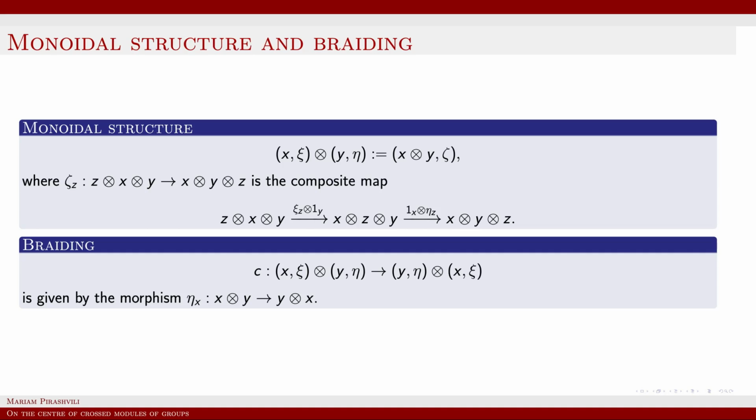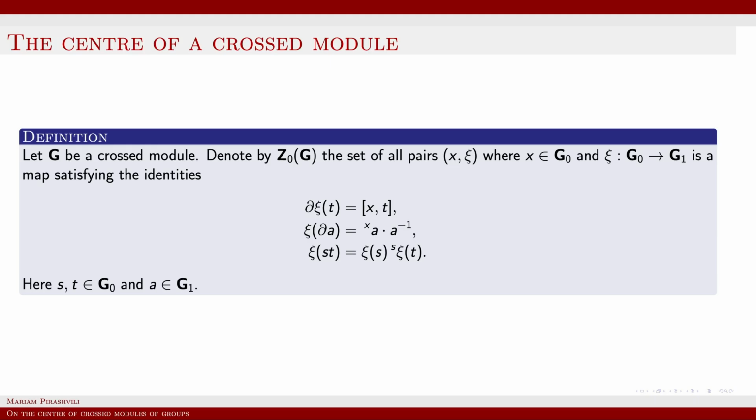And we can also do the braiding explicitly, of course. This is the definition translated to the setting of crossed modules, in the language of groups and homomorphisms.